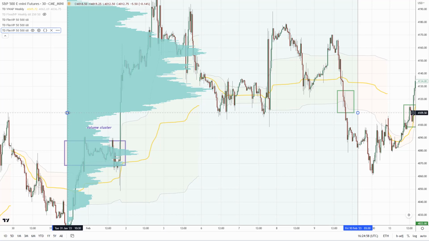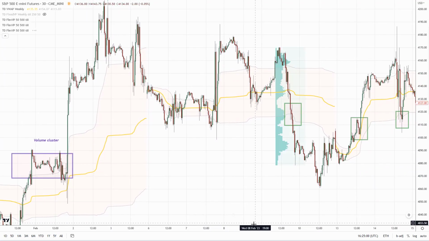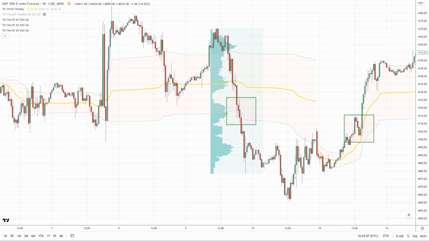The next one will be on trend setup. In this video, I'm not going to talk about trade entries too much. I'm going to focus on stop loss placement. So I'm just going to mention that right here, based on this volume cluster, this should be a trade entry for a short trade. So short from here.